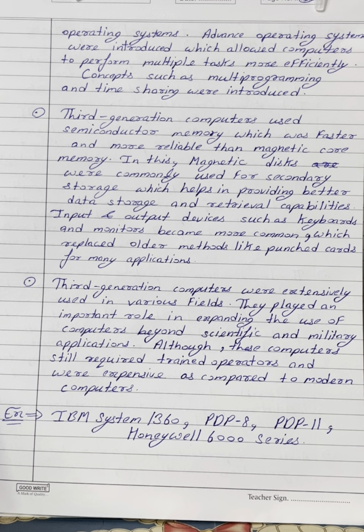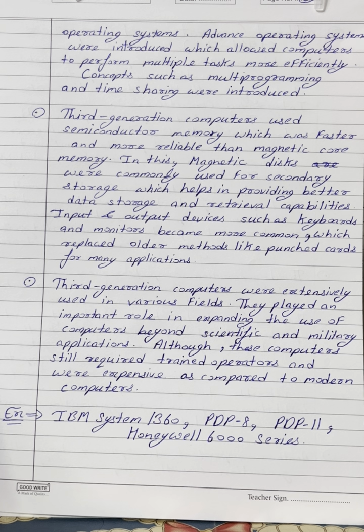So guys, let's summarize the third generation computers. This time, instead of a brief summary about these points, let's understand them with their advantages. They were much smaller in size. The introduction of integrated circuits significantly reduced the physical size of computers, unlike previous generations that required large rooms.